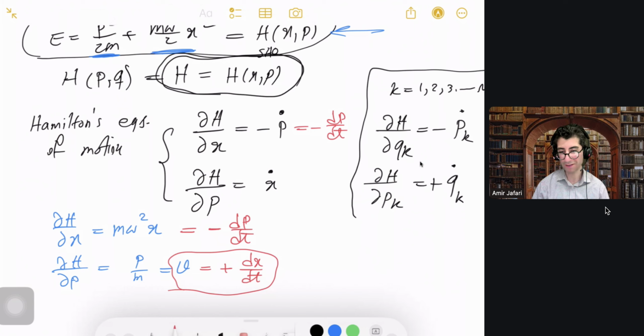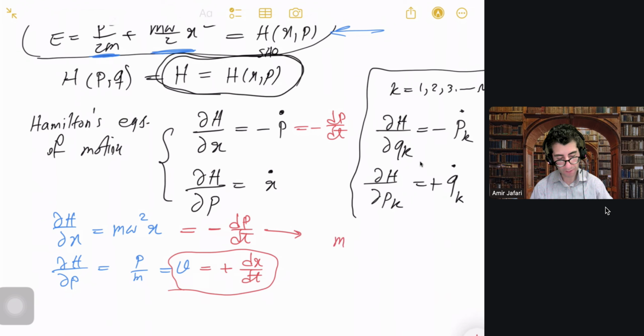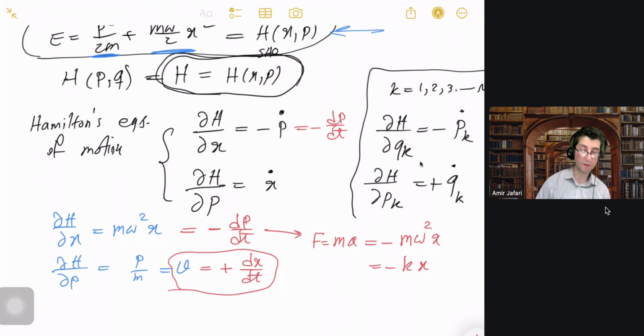So the second equation doesn't tell us anything important. But from the first, dp over dt is the force, like F equals ma. With a negative sign, it gives you m omega squared x, which is basically minus kx. So this is Newton's second law plus Hooke's law. So you get the equation of motion exactly like what we got in Newtonian mechanics.